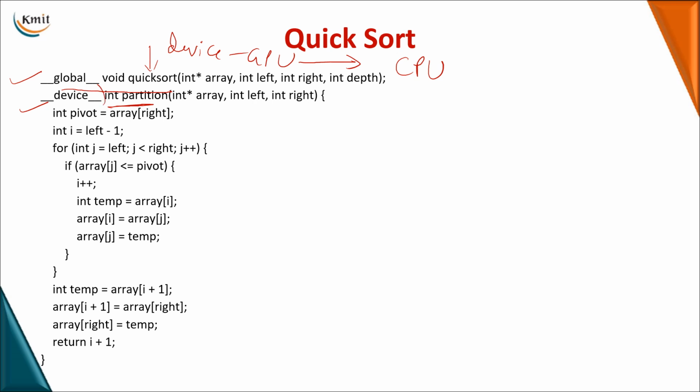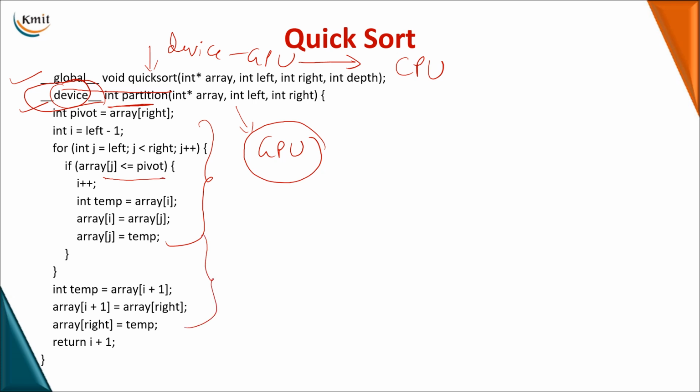If you want to indicate to the system that this function is to be recursively called by the GPU, not by the host, we precede it with the keyword __device__. The remaining part of the program, where the i value and j value are incremented and decremented, would be the same.